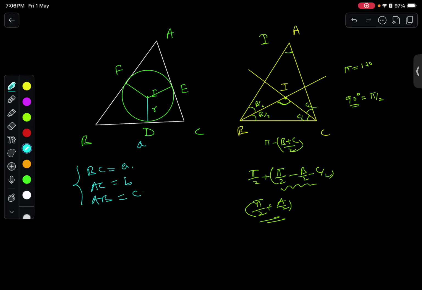All the lengths of the sides are given. Now, can you see the triangle if I'm joining I to all of A, B, C? This is the first one, so I'm taking this triangle.